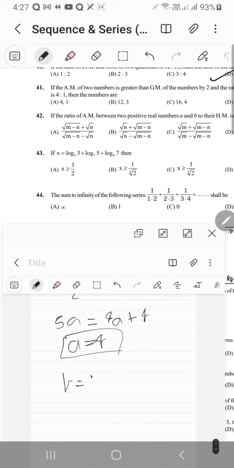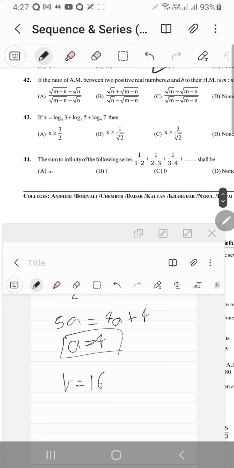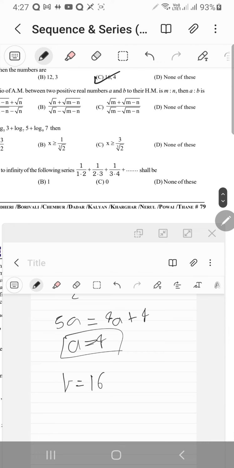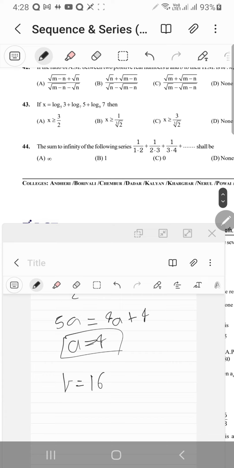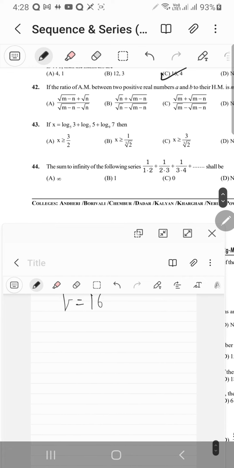Okay, next, if the ratio of AM between two positive real numbers a and b to their HM is m is to n, then a is to b is, oh, this is bad. So the harmonic mean is just 2ab upon a plus b, and what do you want?